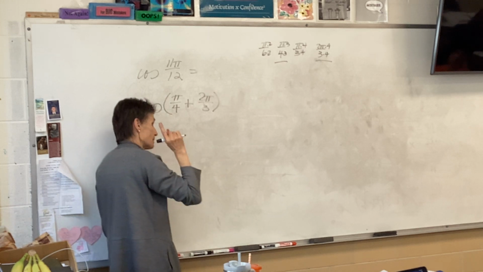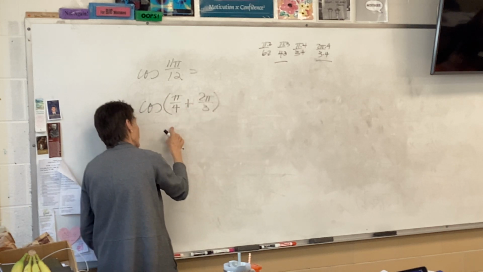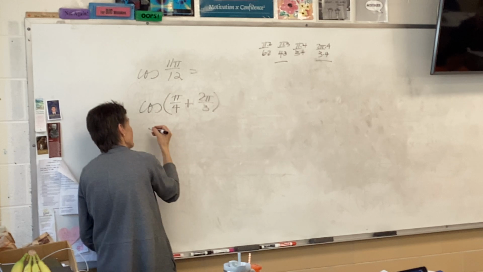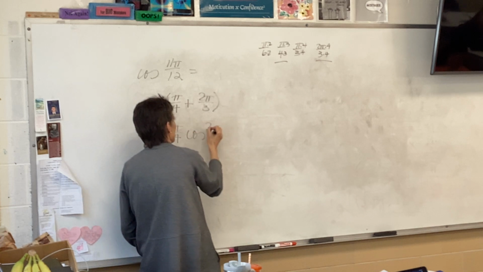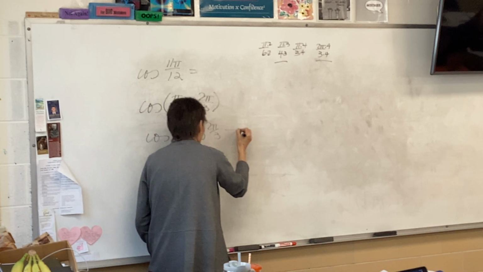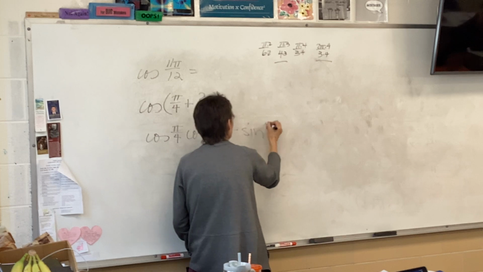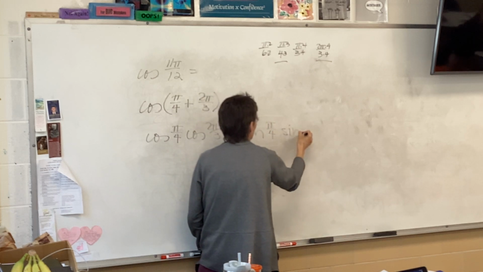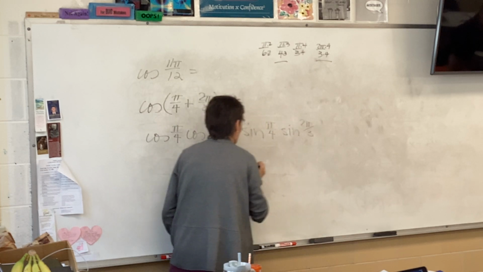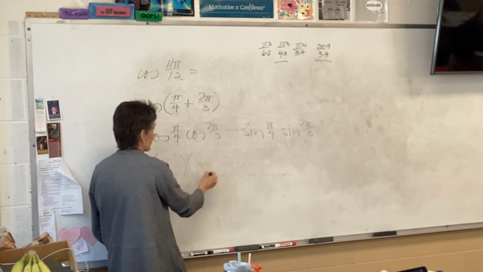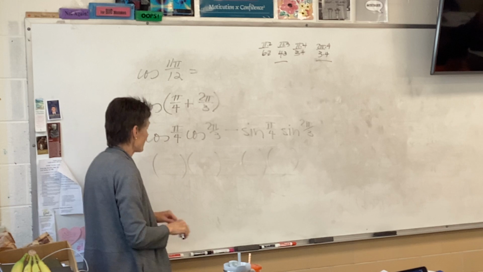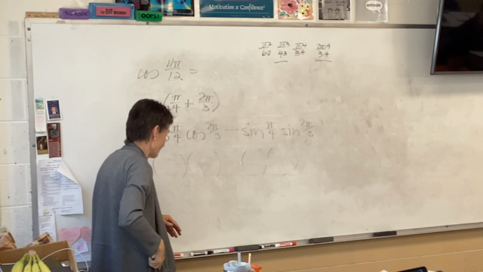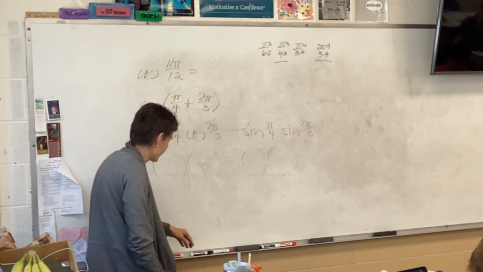All right, stuff to know. What's the formula or the identity for cosine of angle plus angle? Cosine first, cosine second, minus sine first, sine second. Perfect. All right, now I'm just gonna start plugging these in. Okay, now you need to be careful because some of them are going to be negative values.